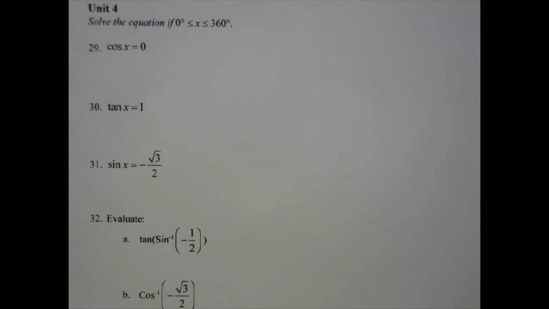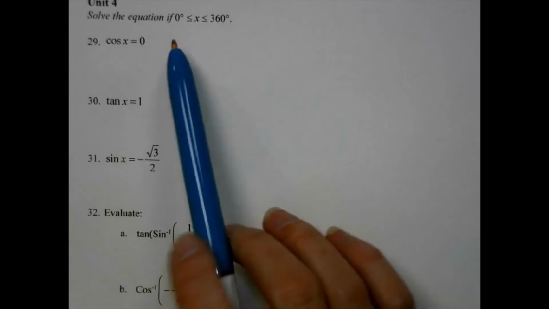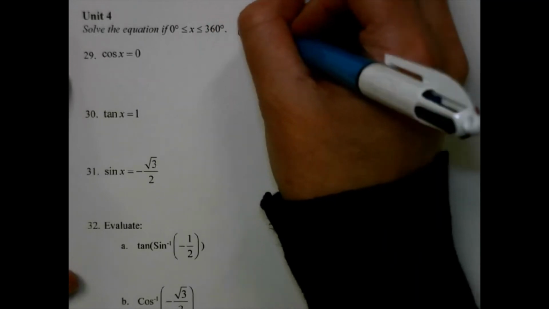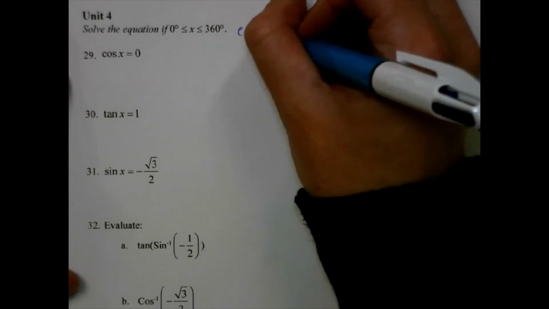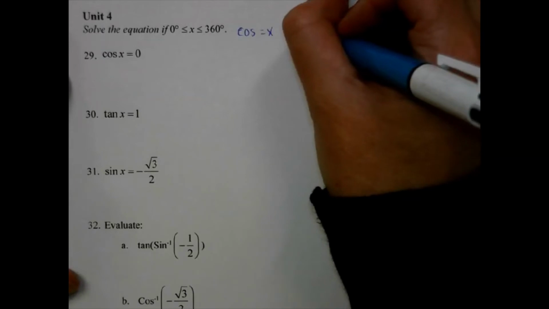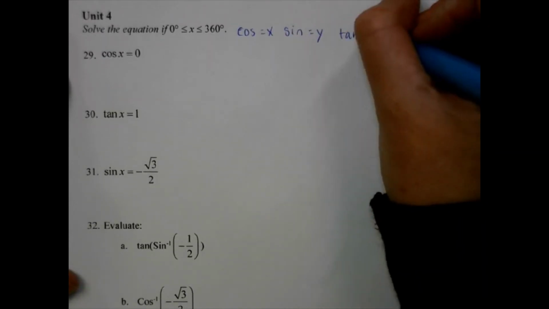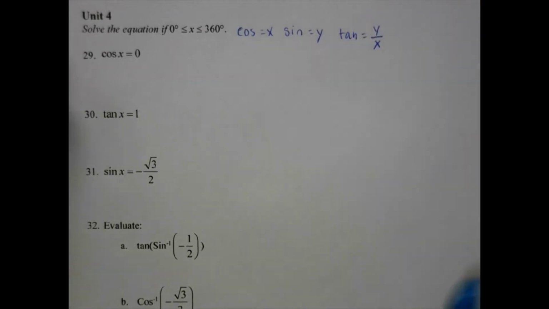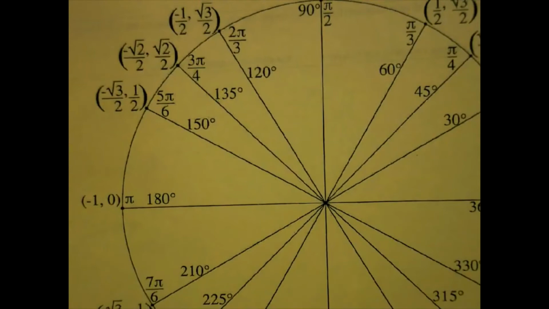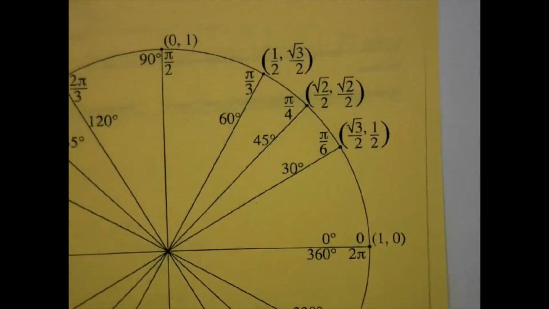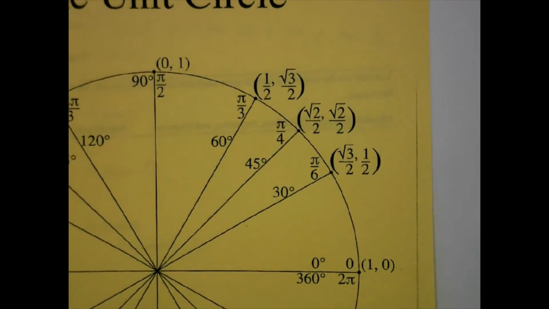All right, for Unit 4, our trig unit, the first questions are asking to solve the equation for 0 to 360. So remember that our cosine is the x-coordinate on the unit circle, sine is the y-coordinate on the unit circle, and tangent is y over x. You're going to be given a unit circle for your cheat sheet. So what I would suggest doing is marking a couple of things on here.